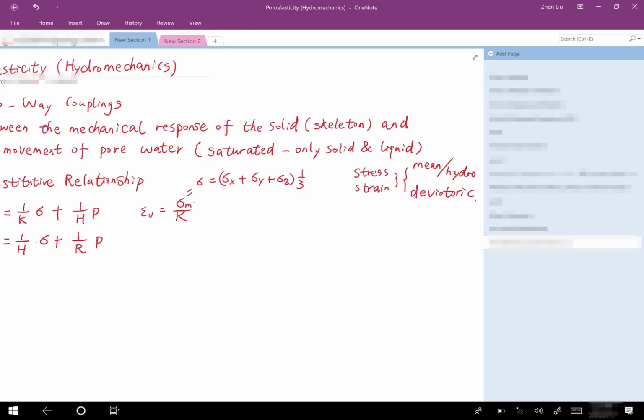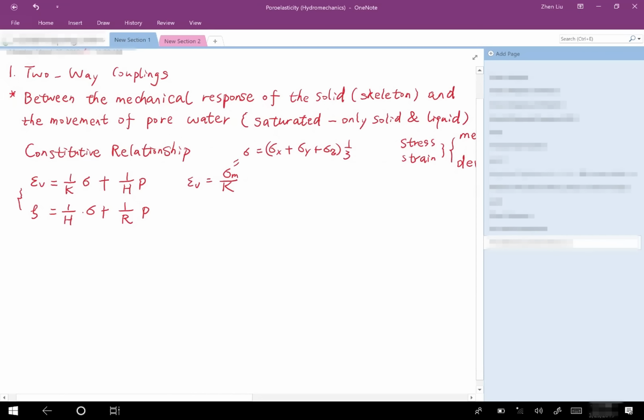And in order to give you a better idea of what sigma or sigma m is, what epsilon v is, what eta is, what p is, what sigma is, what K and H are, let me give you this. Because now when we're talking about coupling, we're talking about the mean or the hydrostatic part, right? For that, let's go back to the balloon example. Let's say that we have a porous material like this. There's a big balloon. Let's assume that it is a sphere.